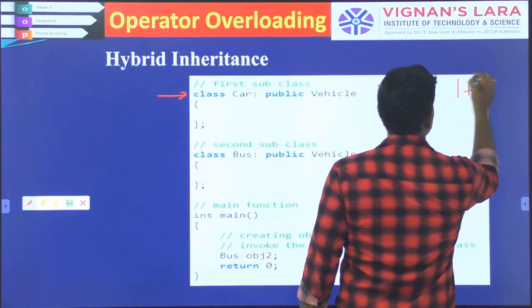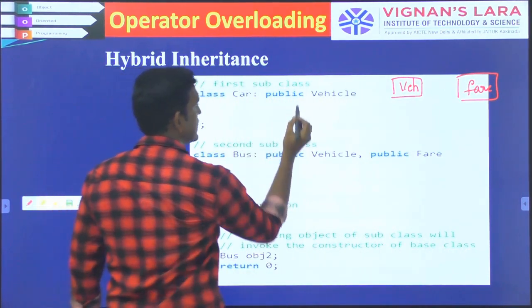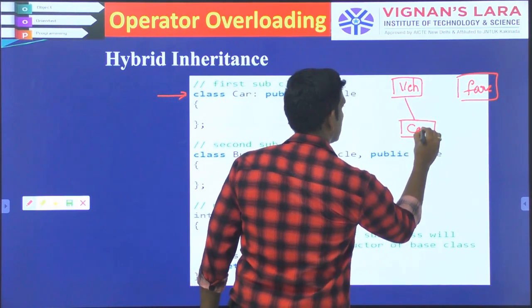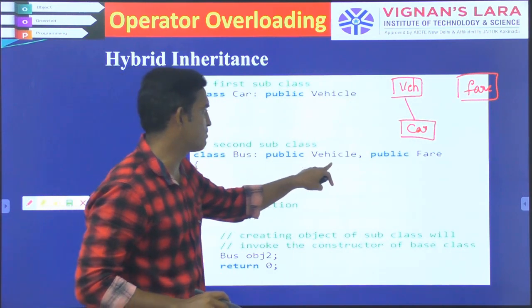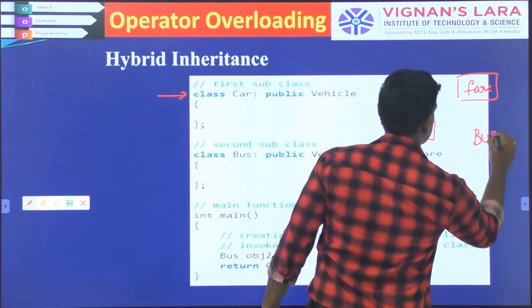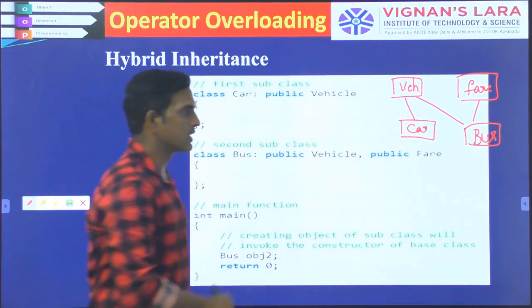Car is inheriting from vehicle, and if you see bus, it is inheriting from both vehicle and car.